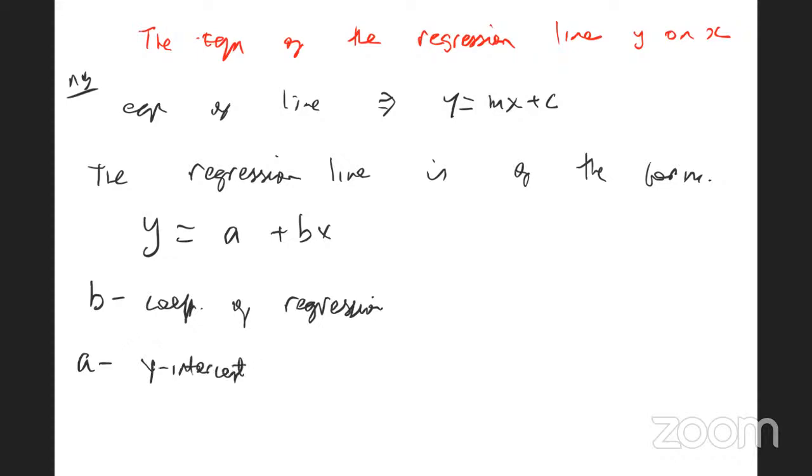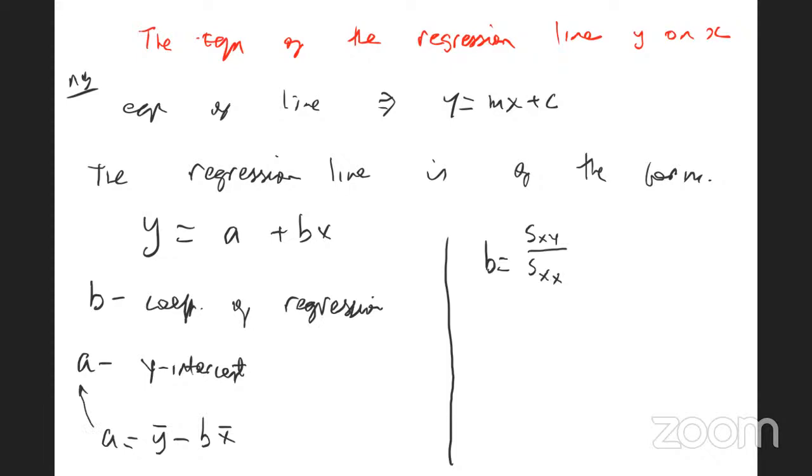So how do we get these things? To get B, we use SXY all over SXX. And to get A, we use Y bar minus B times X bar. That's the way we get A. I'm going to write the formula for SXY for you.